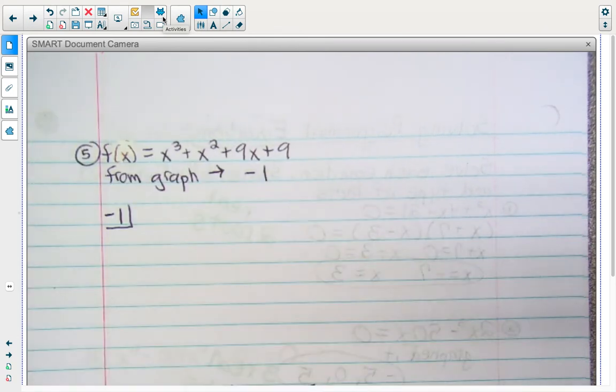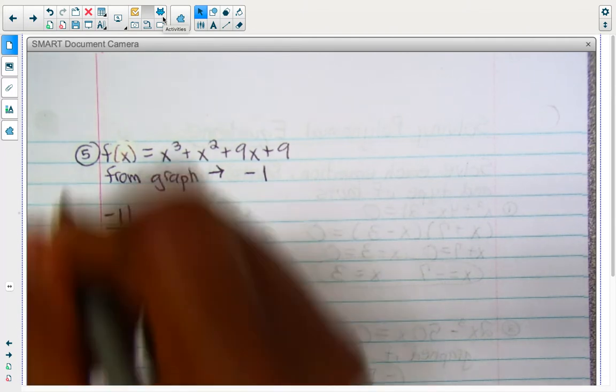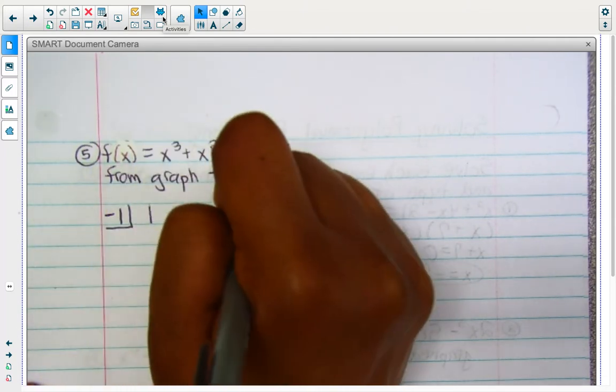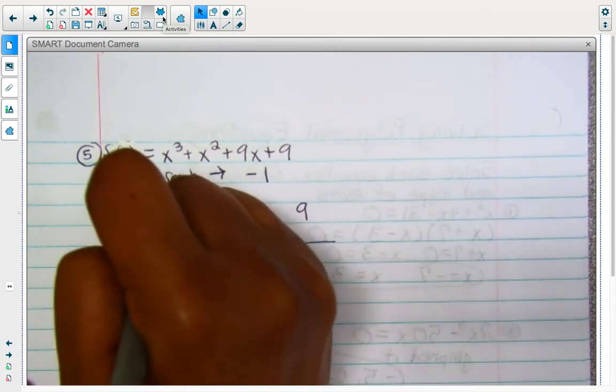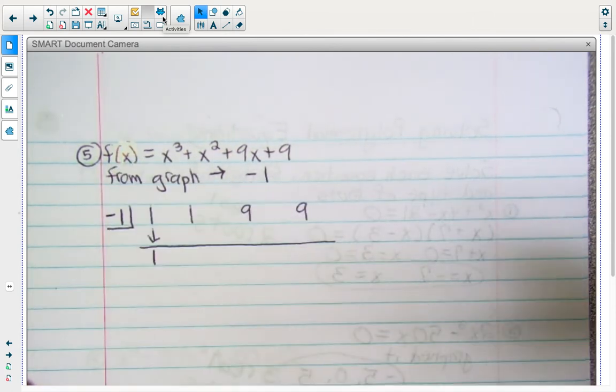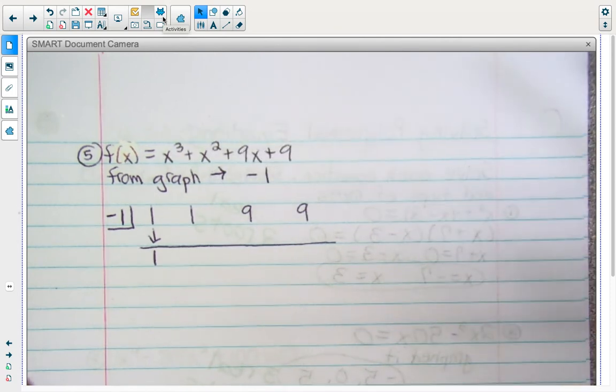And we're going to do synthetic division. If you need a refresher course on synthetic division, feel free to go through and rewatch those videos, but we're going to go through and do synthetic division. I'm going to line up my coefficients, 1, 1, 9, and 9. We'll draw the line. Okay, so we lined up coefficients. I don't need any placeholders.